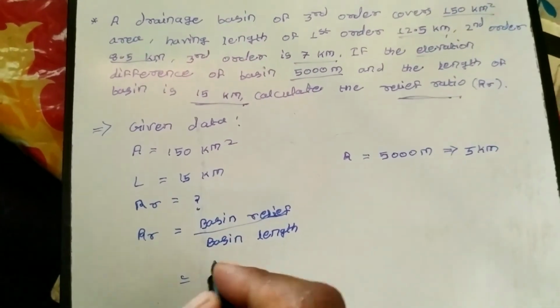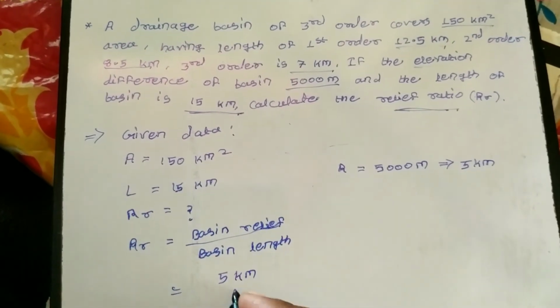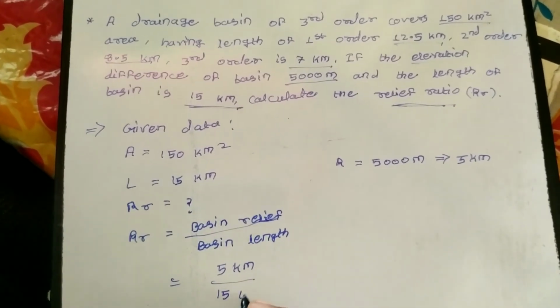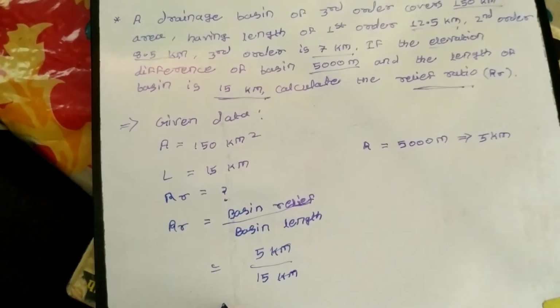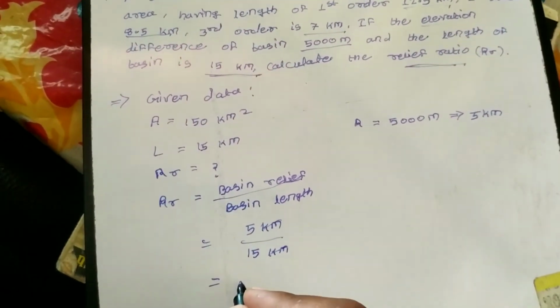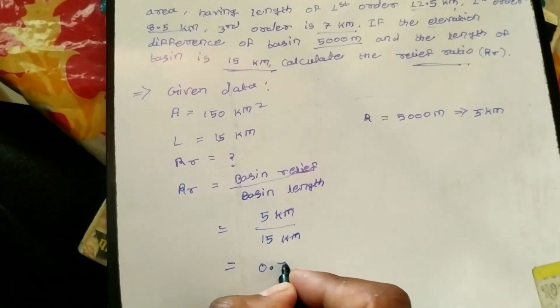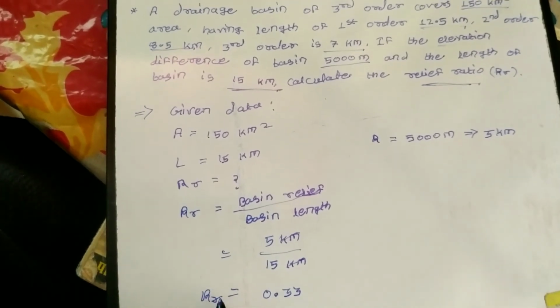So basin relief is 5 kilometer and basin length is 15 kilometer. Kilometer gets cancelled, and we get the relief ratio, that is 0.33. This is the relief ratio.